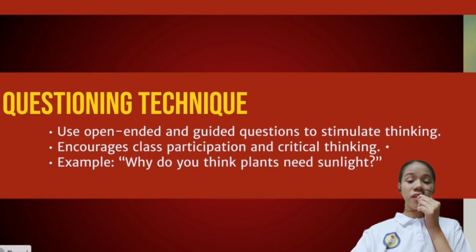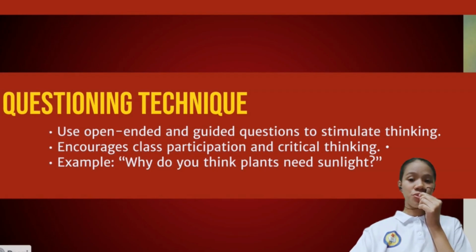Instead of simply giving information, the teacher encourages students to think, analyze, justify answers, and make connections between ideas. This technique helps students develop critical thinking skills, communicates that their ideas matter, and transforms the classroom into an interactive learning environment.